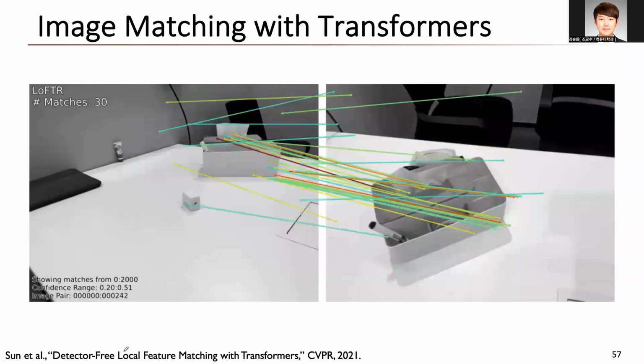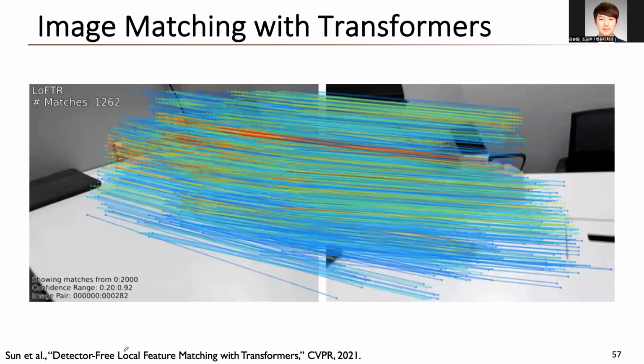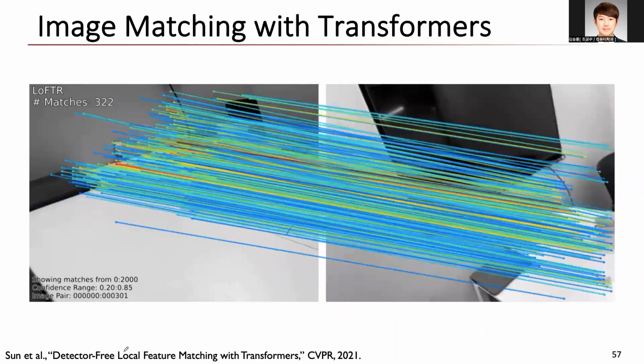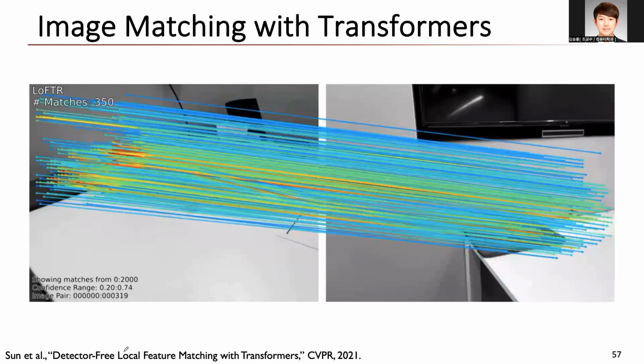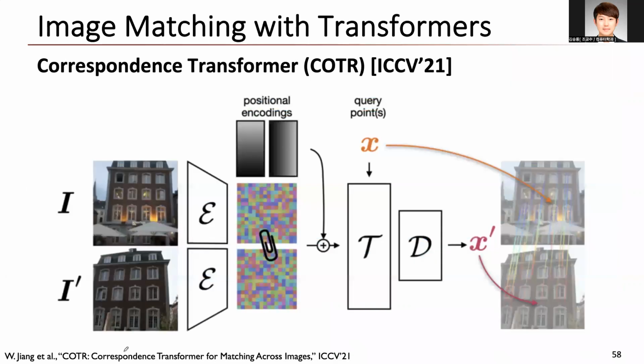It's very, very interesting, right? So this kind of output can be used in AR, 3D reconstruction, or visual localization models. 이런 데 많이 쓸 수 있다는 거고요. And there was another paper called COTR, Correspondence Transformer. We'll skip this one. Let's check the paper if you are interested in.